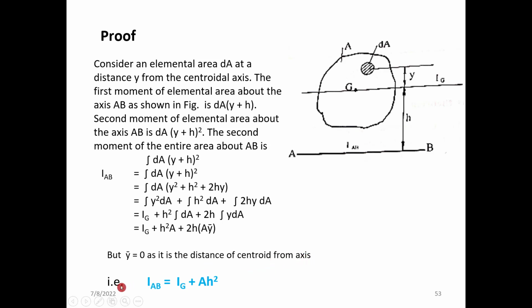So we get IAB, that is with respect to the line AB, the moment of inertia is equal to the moment of inertia of this individual planar area about its own centroidal axis plus the area of this planar area into h square, the distance from the baseline to the centroid of the considered planar area.